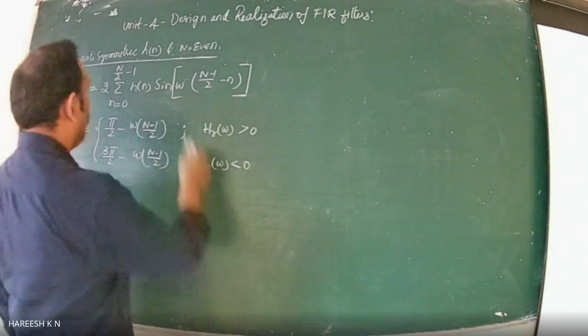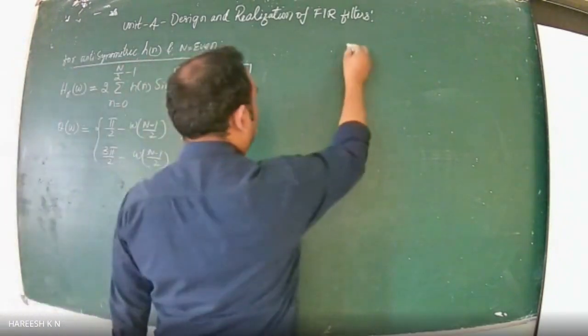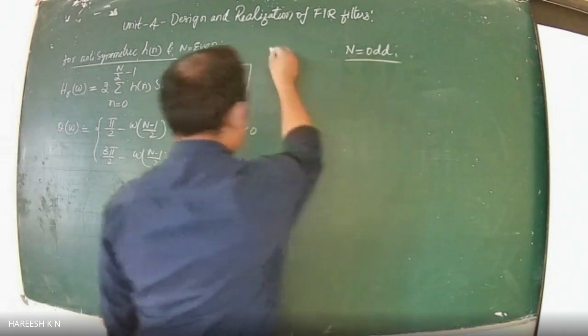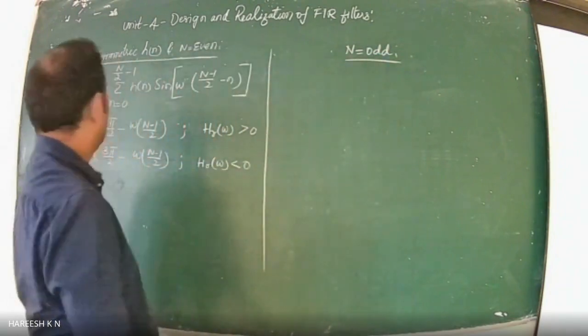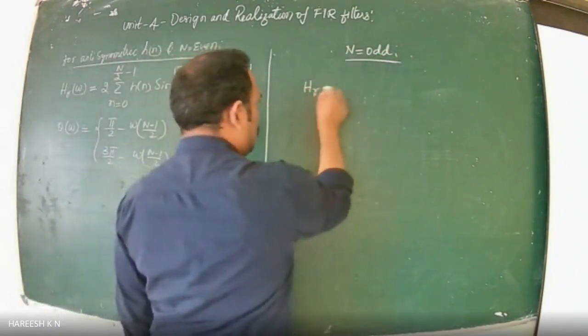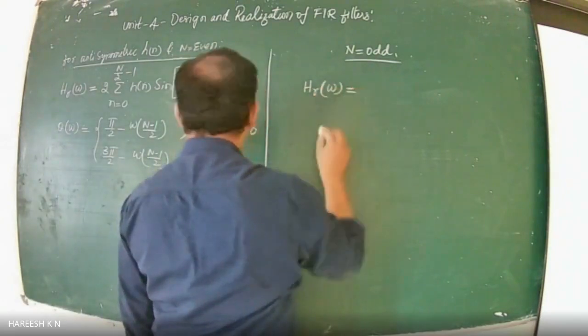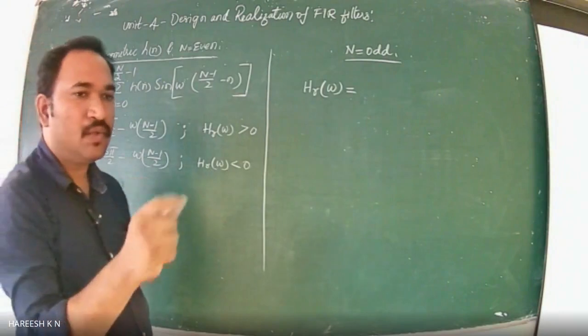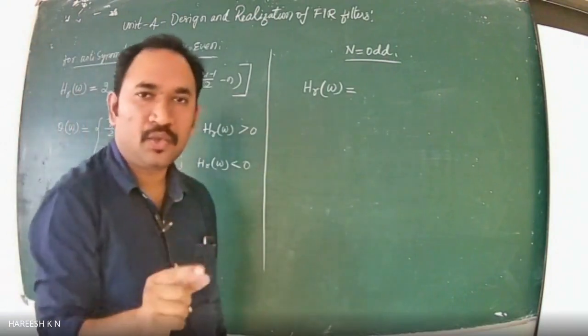Now for N equal to odd and anti-symmetric, what will be that midpoint value, h of (N minus 1) divided by 2?